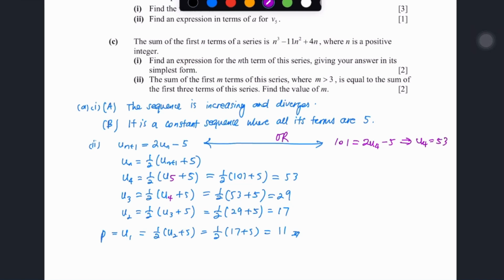Okay, something like that. Then you put 53 equals 2U3 minus 5. Then you make U3 the subject, 29, which is the same. Okay, same, and so forth. Okay, you can do both of these.